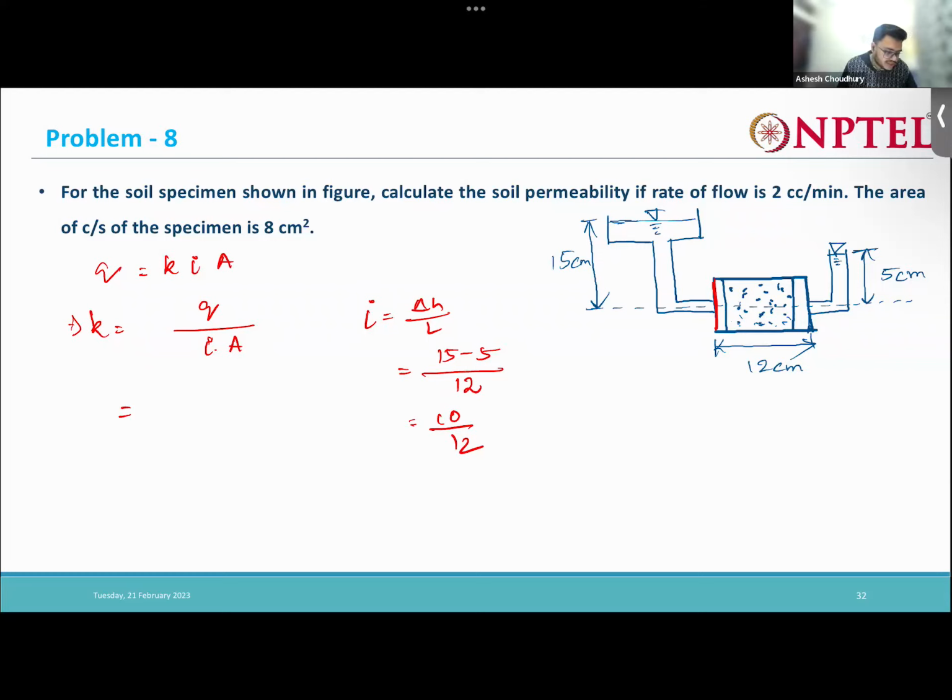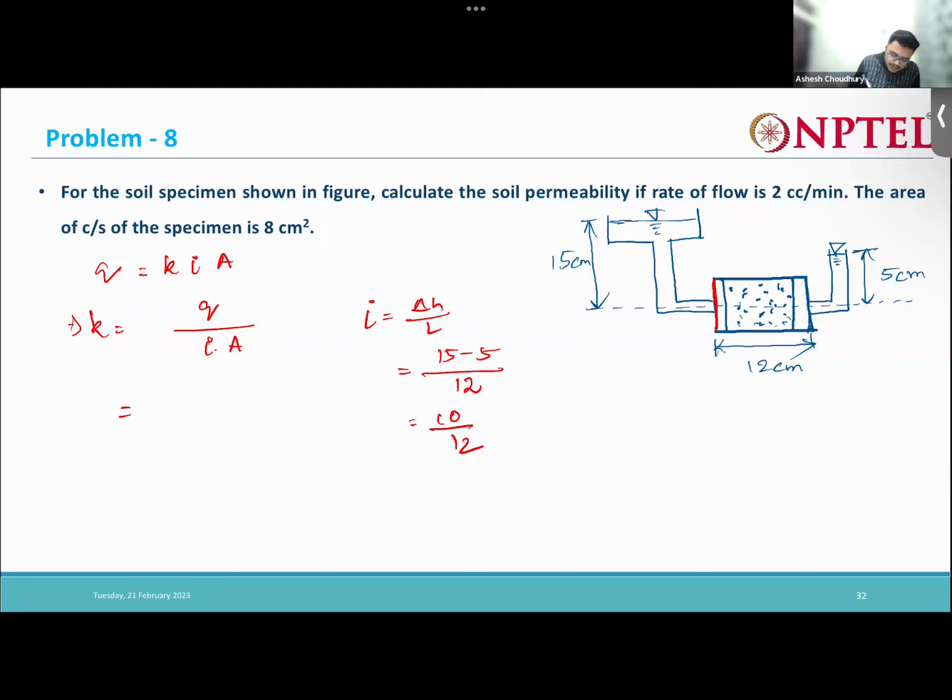In the next question, it is given: find the coefficient of permeability of a soil which has a height of 6 centimeters. So the height of the soil is 6 centimeter, and the cross section is 50 centimeters square. Water equal to 450 ml passes through the soil in 10 minutes, meaning our volume flow is given.